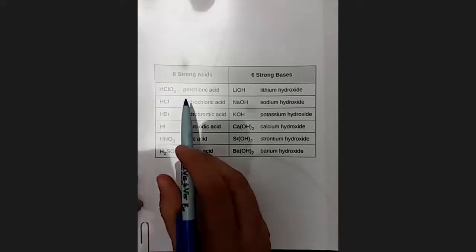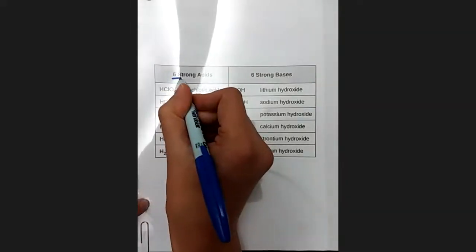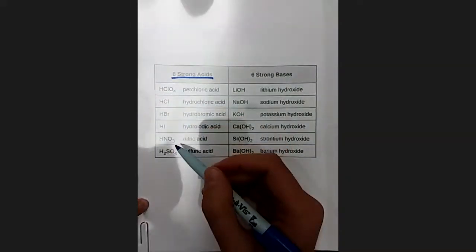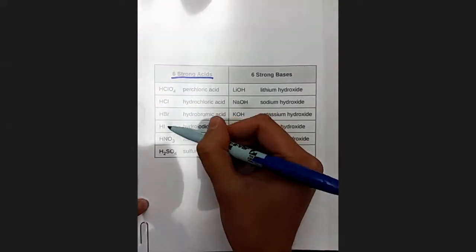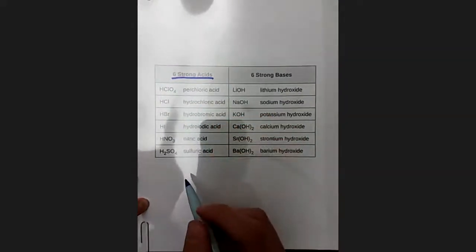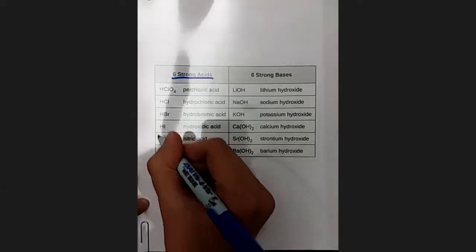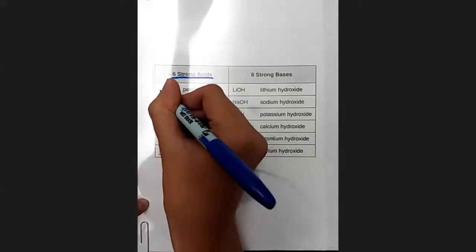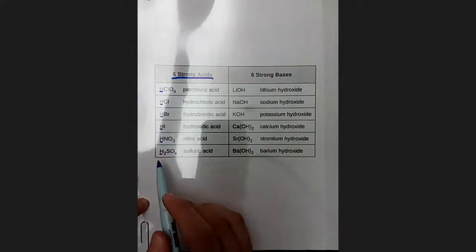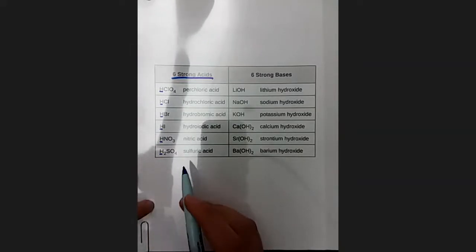So on the left side, we've got 6 strong acids. And you can see all of them have been written so that there's a proton on the left side because acids donate protons. So this style of writing emphasizes the proton that's going to be donated. And we can also take a closer look at what these are made out of.